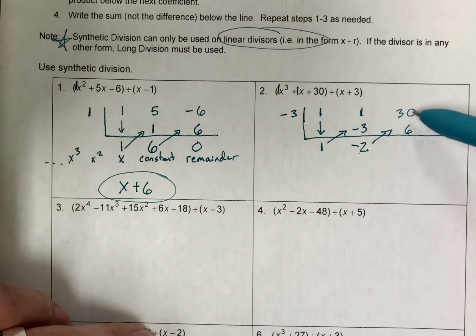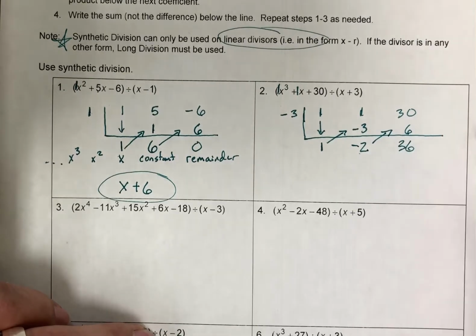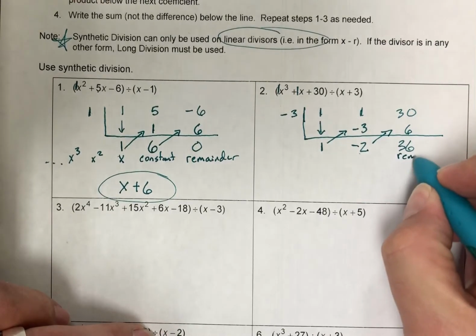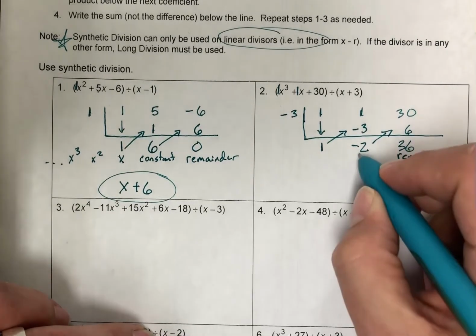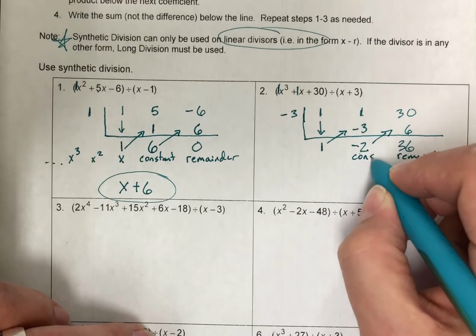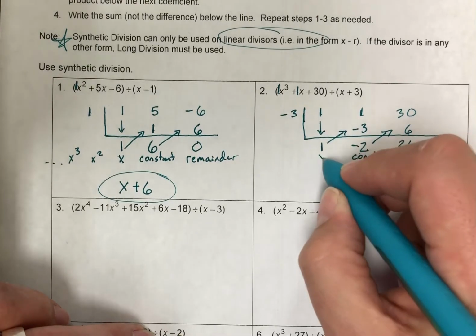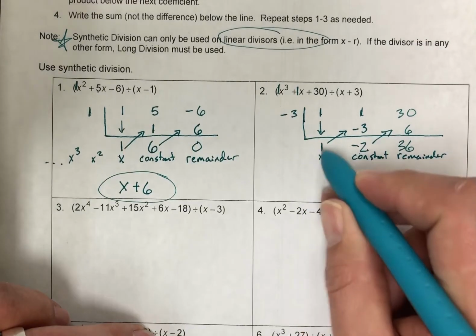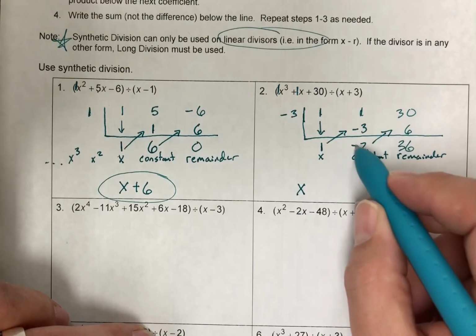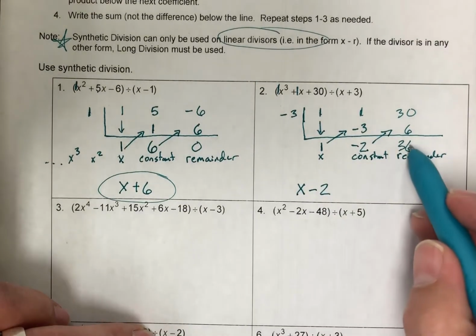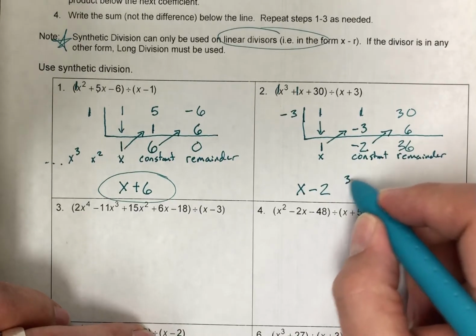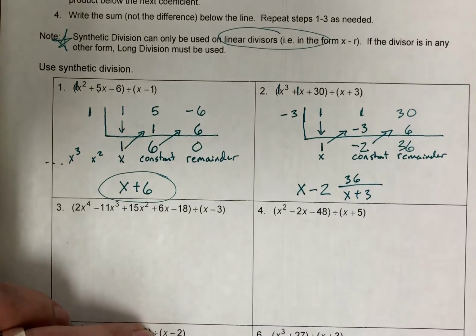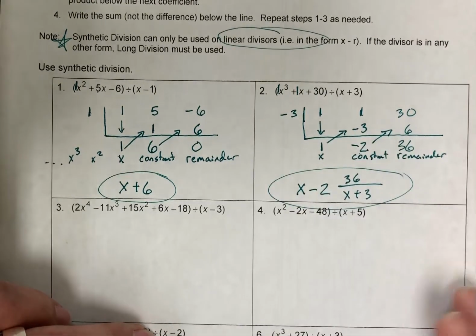It's a +6. Combine, okay, so this is the remainder. Okay, this is the constant. This is the x term. So then we're going to have 1x minus 2, and then we have a remainder of 36 over x plus 3. There's our final answer.